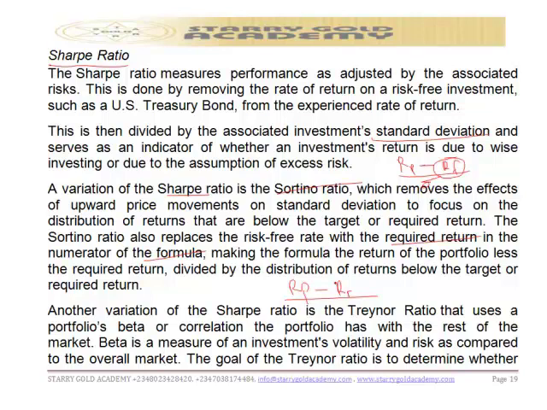I said Sortino replaces the risk-free rate with the required rate of return. Understand? So this is the required rate of return, and this is the risk-free rate. And this one now replaces risk-free with required rate of return and puts portfolio return minus required rate of return, all divided by the distribution of returns below the target or required rate of return.